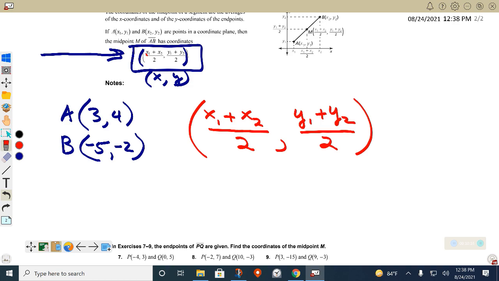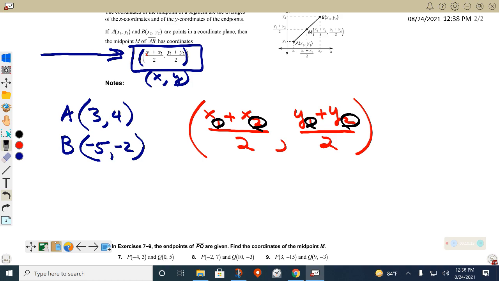All right. You may be asking yourself, what does Mr. Munguia mean by these sub 1s and sub 2s? What's going on here? Well, they're just kind of like placeholders.